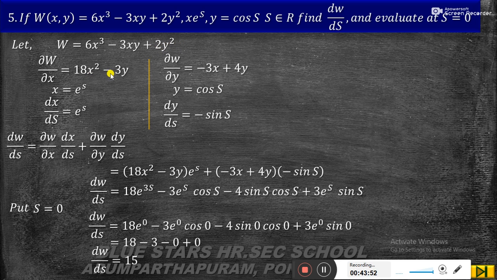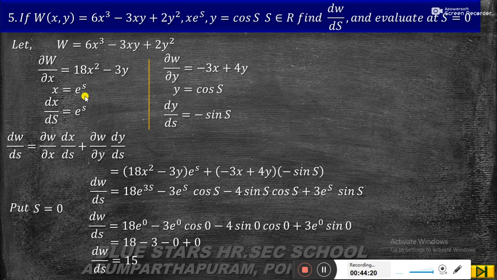So 18x square minus 3y, this is dou w by dou x. Next dou w by dou y, differentiation with respect to y. Here 6x cube has derivative 0 because there is no y variable. Minus 3x into the derivative of y, which is 1, so minus 3x, plus 2 into the derivative of y square, which is 2y, so 2 into 2y is 4y. Therefore minus 3x plus 4y, this is dou w by dou y.